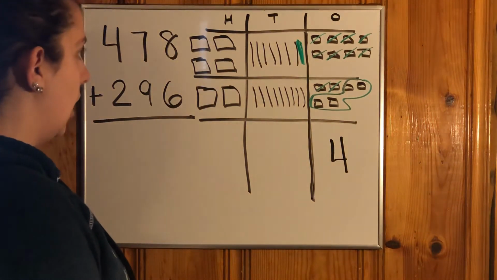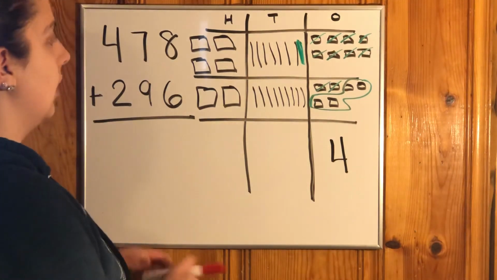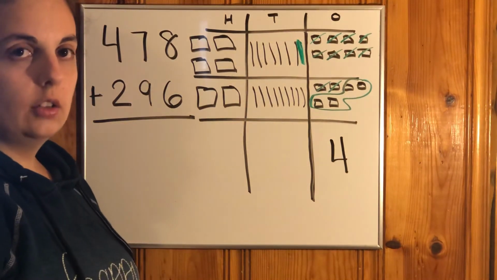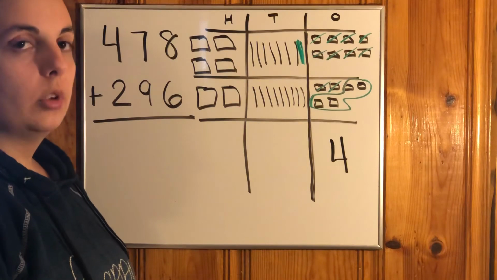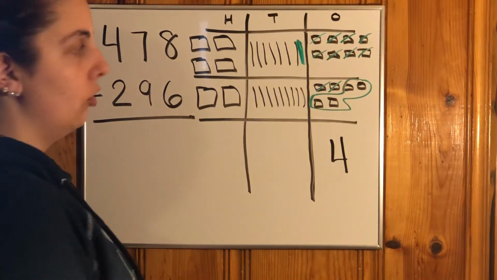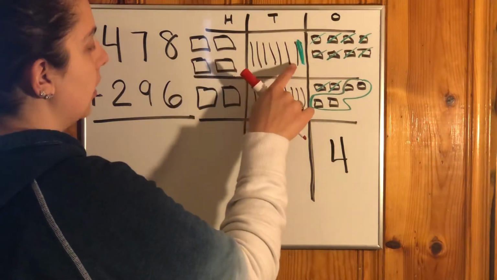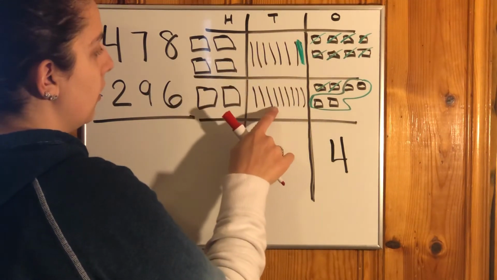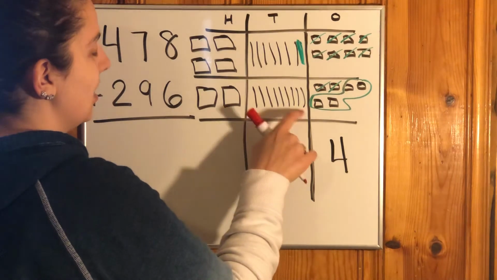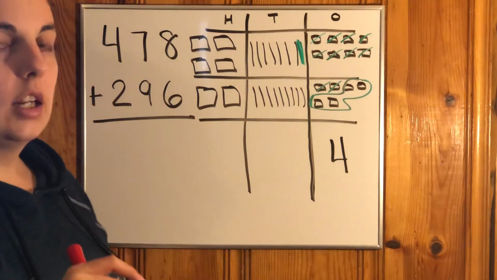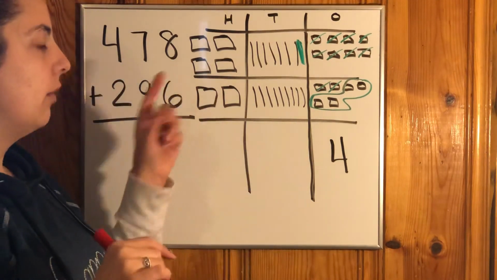Now let's check out the tens. If we have 10 or more tens, we have to regroup and trade them in for a 100. Okay. 1, 2, 3, 4, 5, 6, 7, 8, 9, 10, 11, 12, 13, 14, 15, 16, 17. I need to take 10 and trade it in for 100.